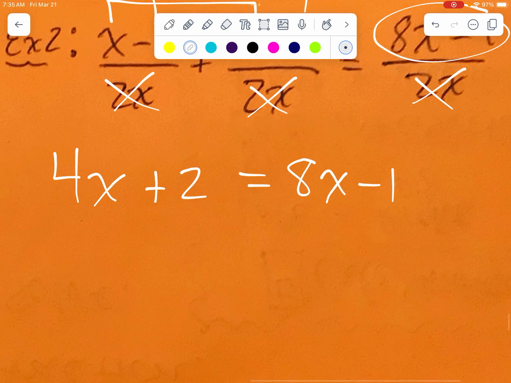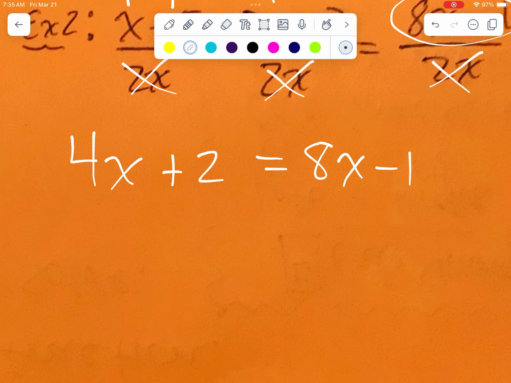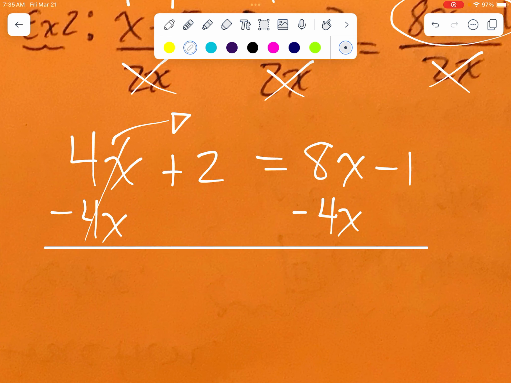What we need to do is get x's on one side and numbers on the other. Doesn't matter who you move where. I'm going to take the 4x and move it to the right. So I have to subtract it because the opposite of +4x is -4x. That leaves me with 2 on the left and then 4x minus 1.